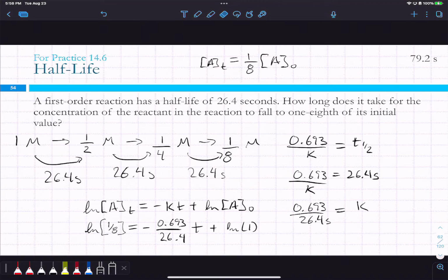So now it's the natural log of 1/8 divided by our k, negative 0.693 divided by 26.4. So t equals 79.2 seconds. And 26.4 times 3 is also 79.2 seconds.